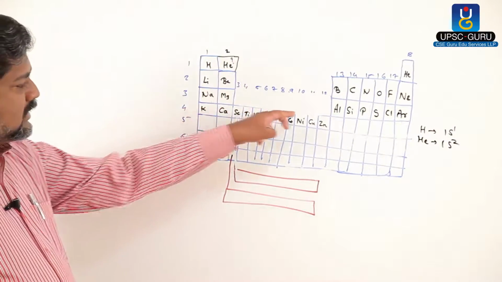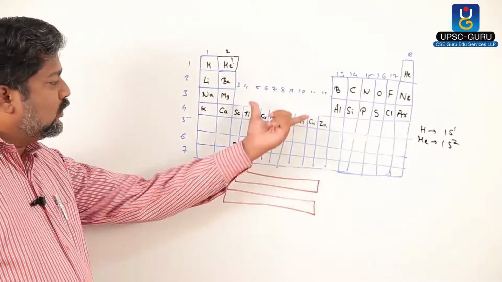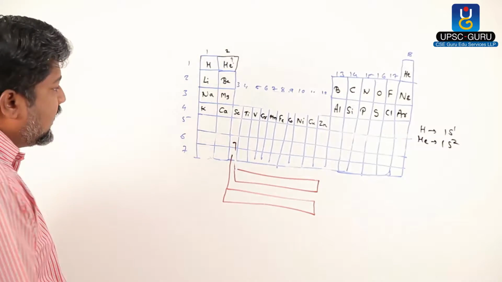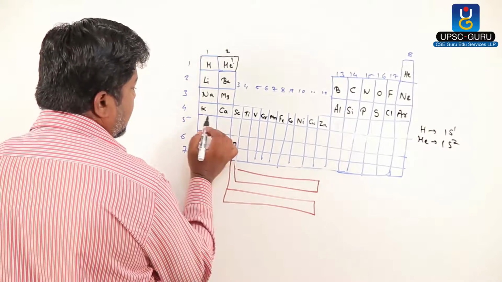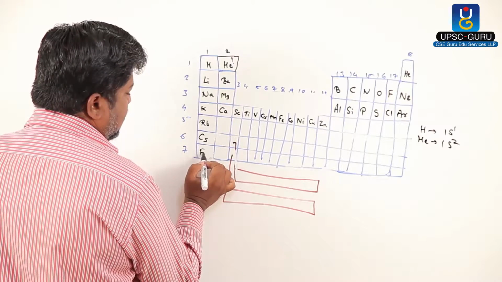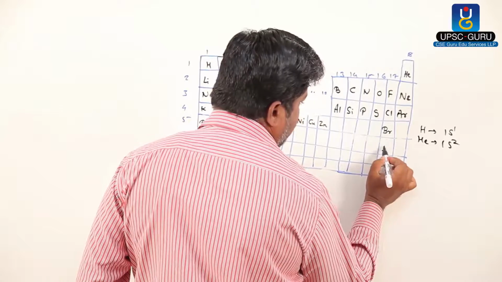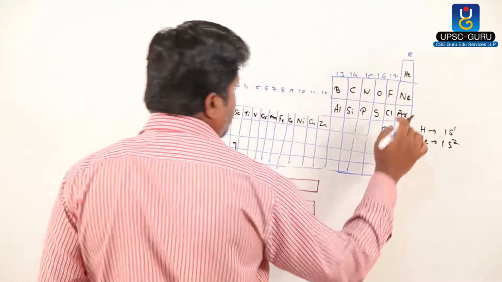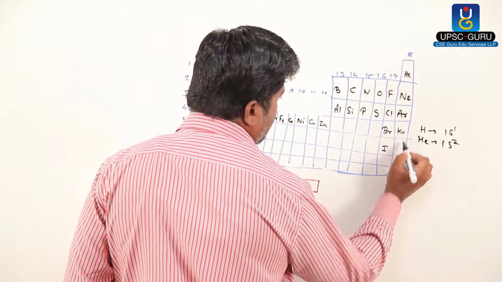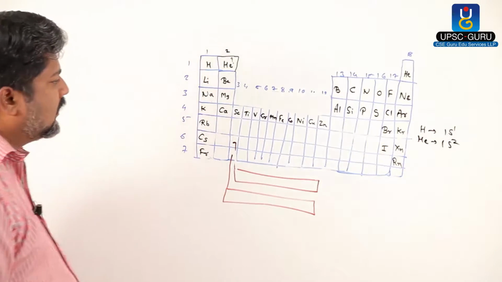Like that, these elements are there. As I explained, we only have to keep these elements in the structure. Then potassium, rubidium, cesium, francium. Here fluorine, chlorine, bromine, iodine, and argon, krypton, xenon, radon.